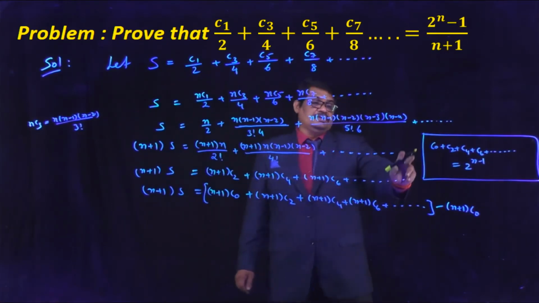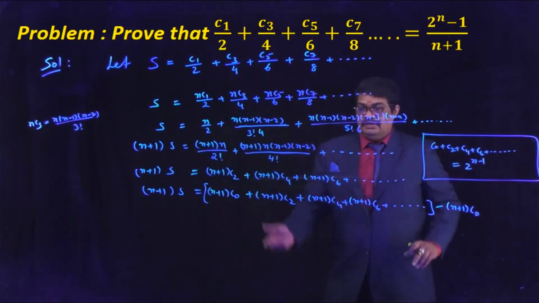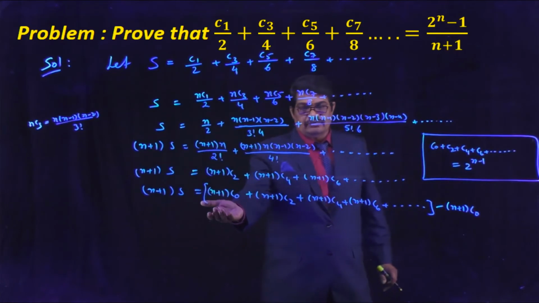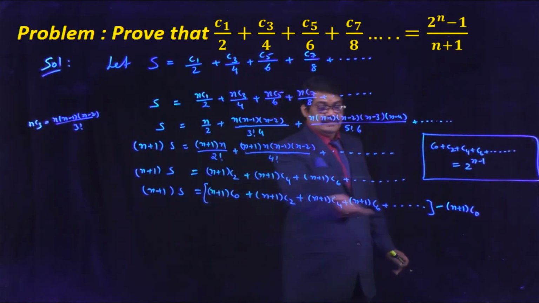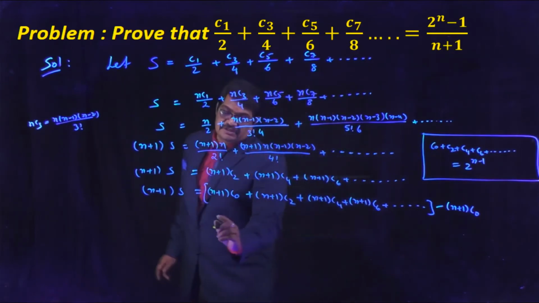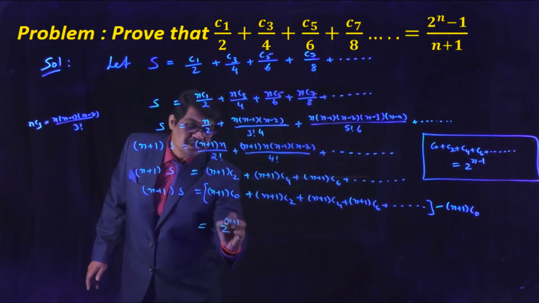Here in the place of n we take n plus 1. So this value becomes 2 to the power of n plus 1 minus 1.